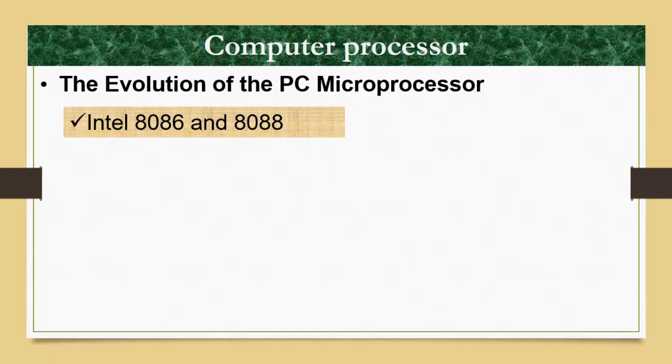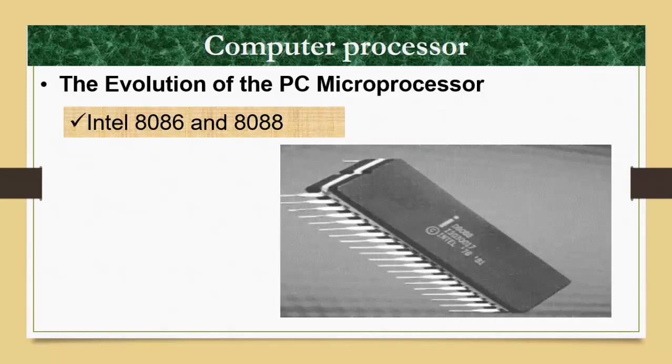Okay, students, the first type of microprocessor is the 8086 and 8088. In 1978, Intel introduced the 8086 microprocessor, which had a clock speed of 4.77 MHz.